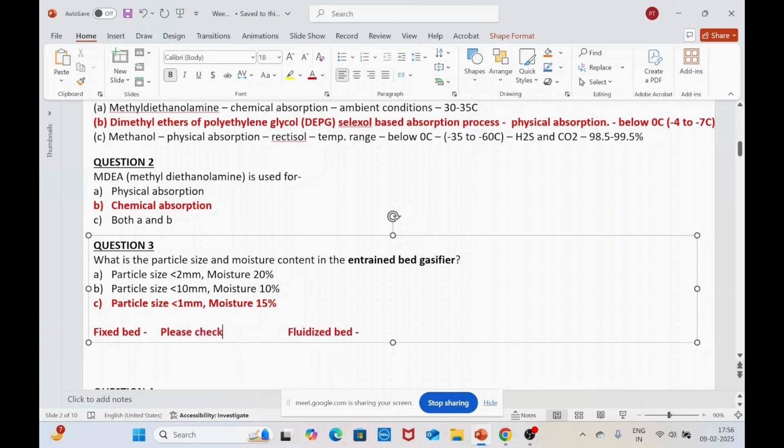The particle size I'm very sure: for the fixed bed, it will be somewhere in the hundreds, and for the fluidized bed, it will be around 5 to 50. But for moisture content, I'm sure in case of fixed bed, it will be somewhere around 10 to 60 percent. But I'm not sure for fluidized bed, so I'm going to write here, please check the slides.